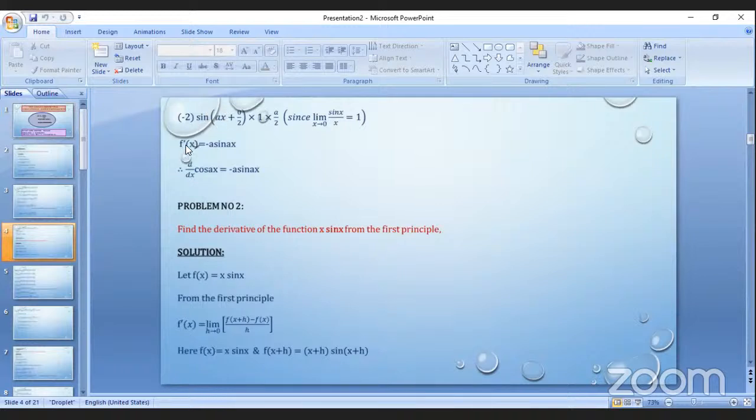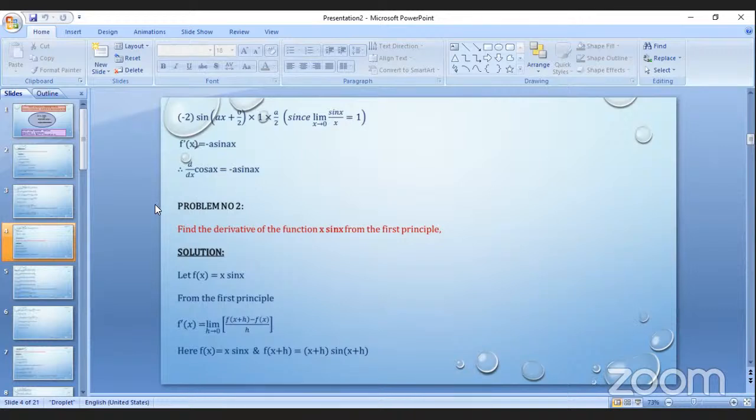Therefore, f dash x equal to minus a sin ax. Therefore, d by dx of cos ax equal to minus a sin ax.